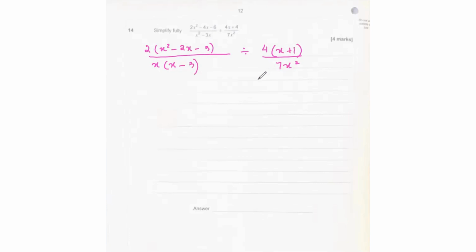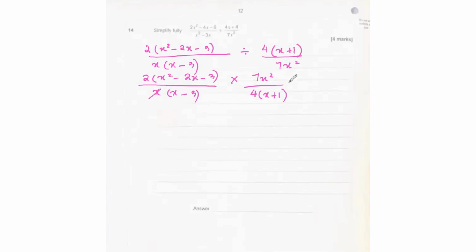Whenever we have fractions being divided, we take the reciprocal of the second fraction and change the division into multiplication. So it's going to be 2 times x squared minus 2x minus 3 over x times x minus 3, times 7x squared over 4 times x plus 1.